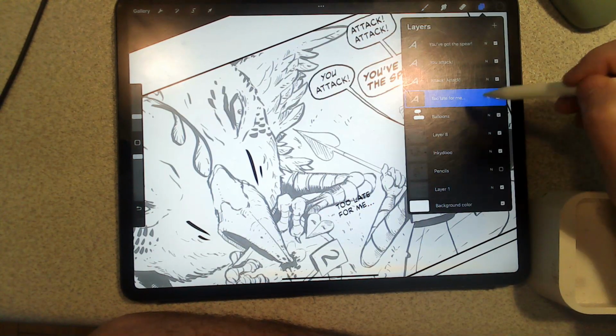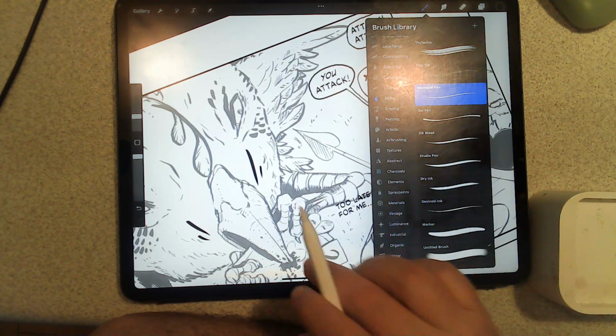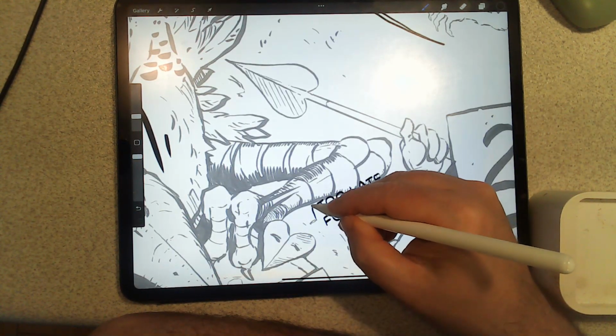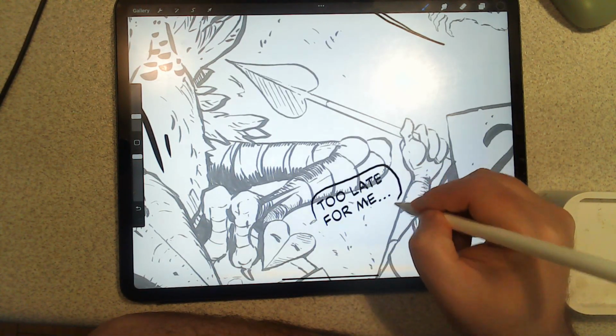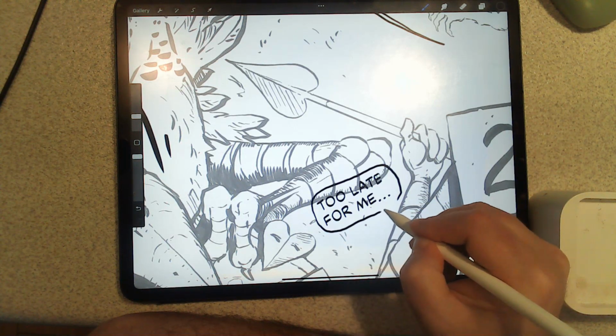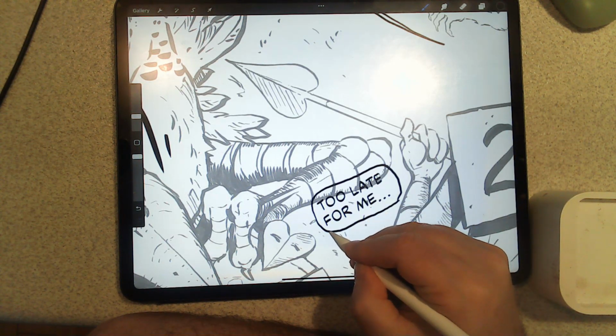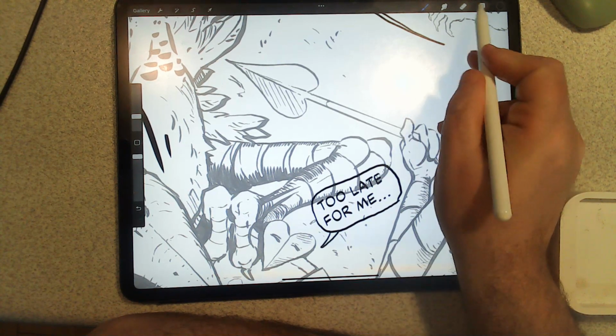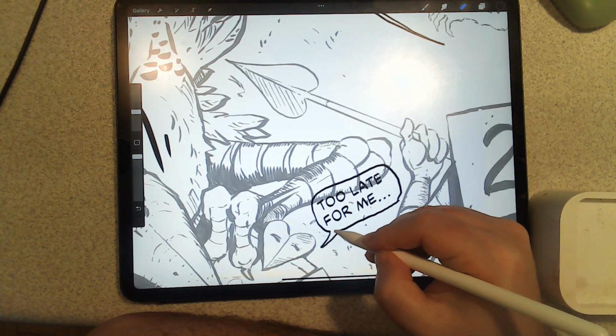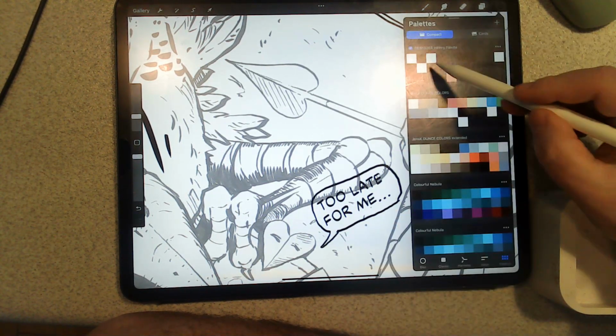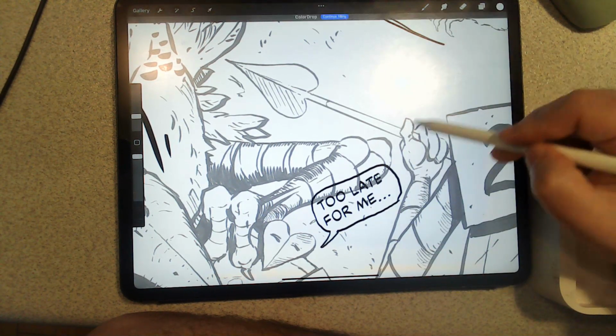Let's get to the balloons. Get to the balloon. The chopper. It makes sense that it would be a bit smaller too, because he's dying.